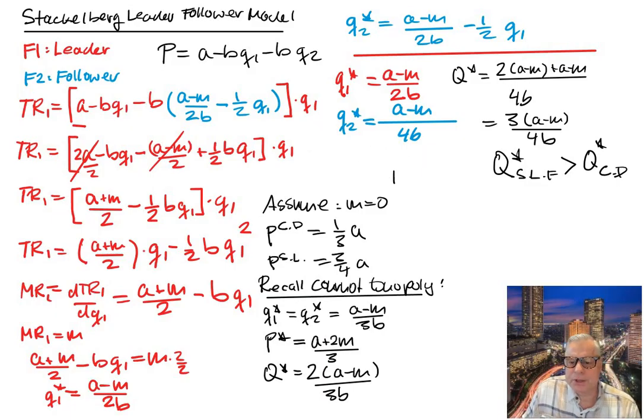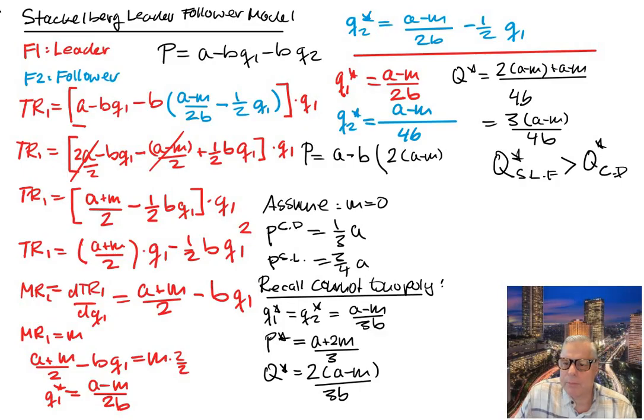So the price here is A plus 2M over 3, and here the price is A minus B times 2A minus M over 4B plus A minus M over 4B.